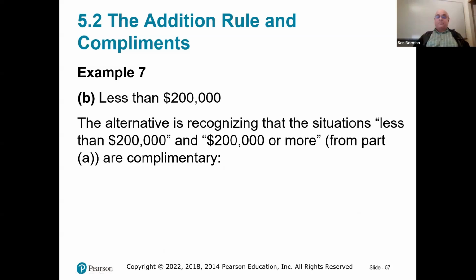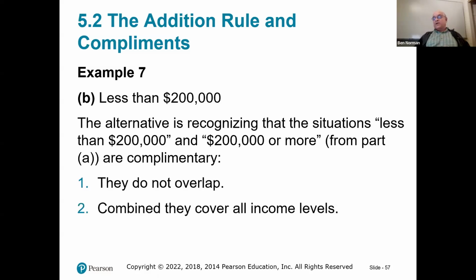How do I know they're complementary? First of all, they don't overlap. Equally important, when you combine these two levels together, they cover all the income levels in the table. Any income level in the table can be represented by one of these two.